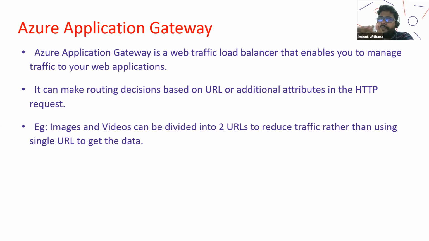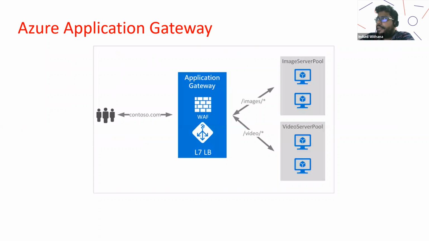So for example, say there is an application which has images and videos. You can have two servers, one for images and one for the video server pool, and then using the URL you can configure the application gateway to route to these two different server pools, so it will not exhaust the server performance, and it will give you faster responses to the requests.